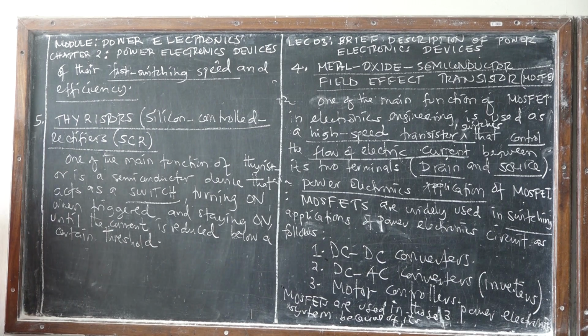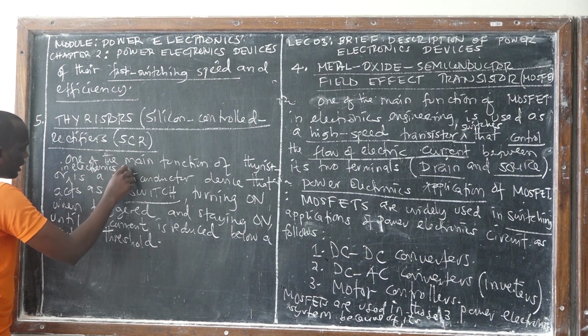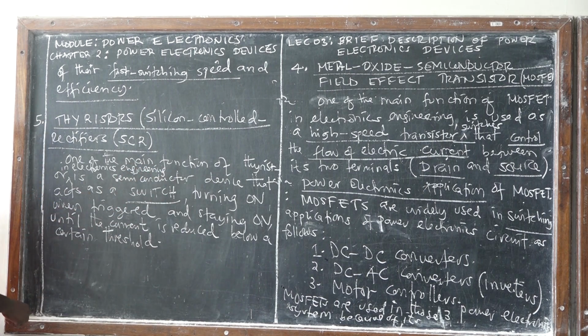So the keywords in the main function of thyristors in electronics engineering: it is a semiconductor device that acts as a switch, and it will turn on when it is triggered by another system or another electrical signal.